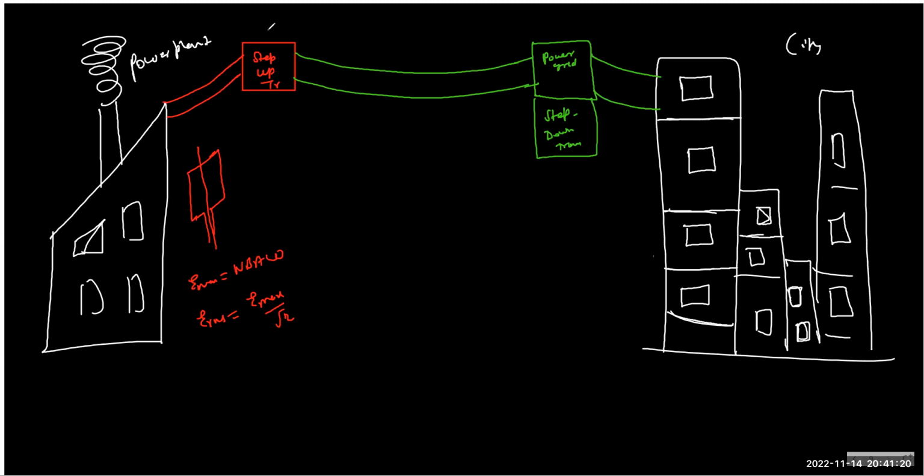So if the power produced here is P1, and if there is a loss, if the loss is very small, we can ignore it. But if it is significant, we have to consider it. If the loss of power is delta P, then the power of the secondary will be P1 minus delta P. Power will be the product of ES into IS, and this P1 will be EP into IP. Understood?